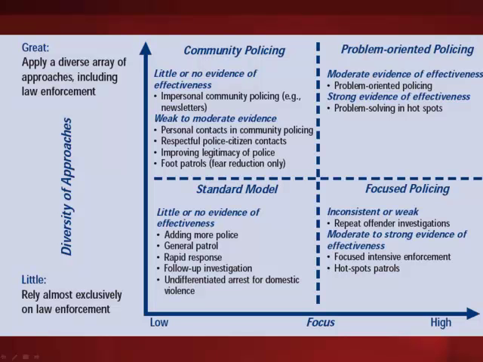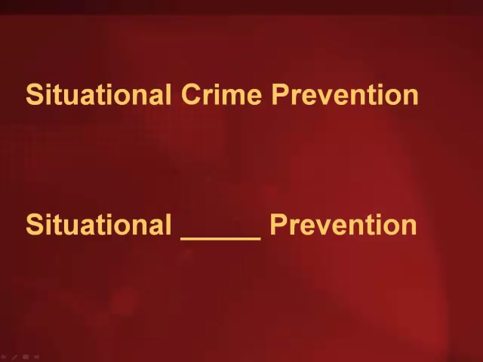For now, we're going to define what it is and then look at how it works, and at the context of previous theoretical concepts that we've learned thus far, adding a few more. Once again, in case I was vague or ambiguous before, remember, when we talk about situational crime prevention, or sometimes problem-oriented policing, we're thinking of it as situational blank prevention.